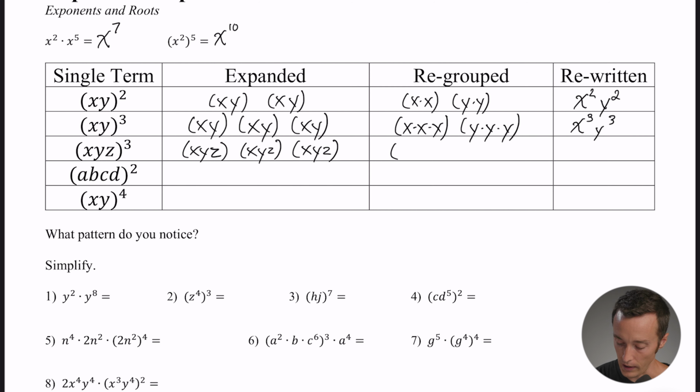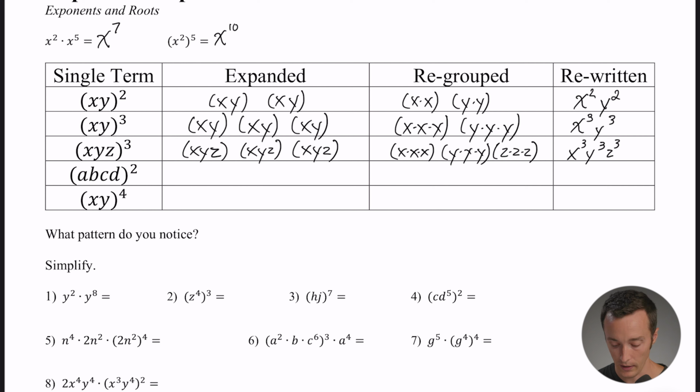I'm going to have the x's, of which there are 3, then 3 y's, and altogether there are 3 z's as well. If I rewrite that as one term, I would have x to the third, y to the third, z to the third, because there happen to be 3 of each of those.